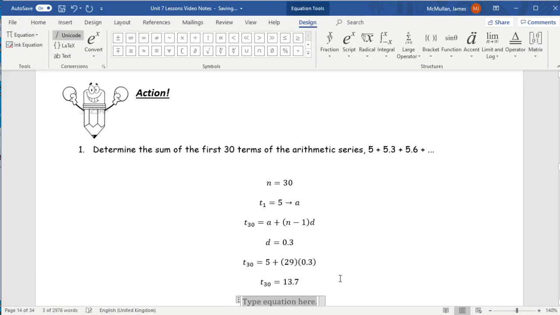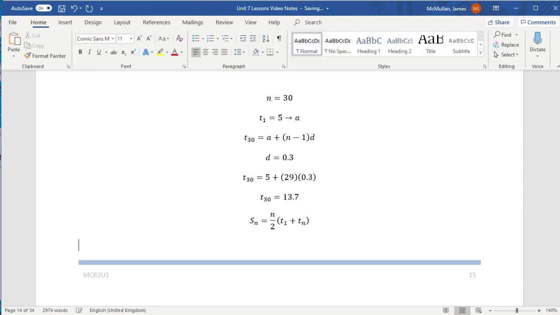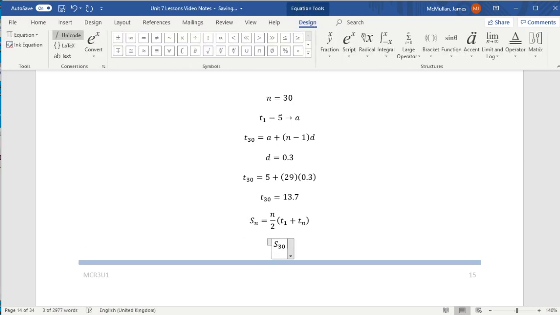Now let's show how the sum formula works. The sum formula says you take the number of things you want to sum, divide it by 2, and multiply by term 1 plus term n. In our case, we're looking for the sum of the first 30 terms. So it would be 30 over 2 times 5 plus 13.7.